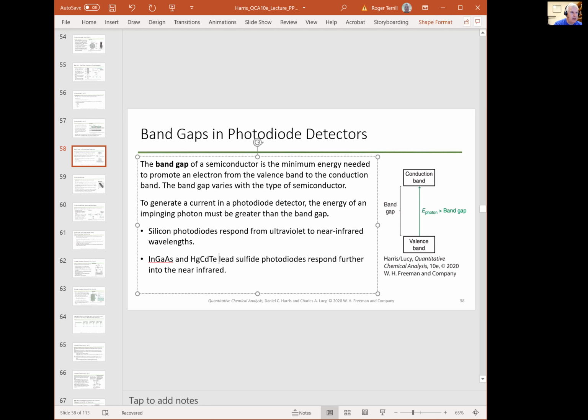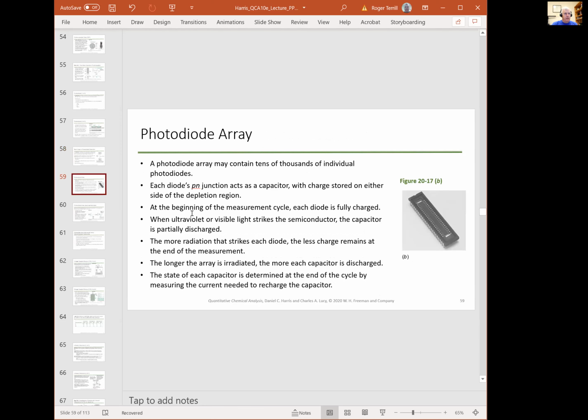And these are in the infrared. Lead sulfide is not a proper semiconductor, though. It's more of a bolometer. I think it just detects energy. Anyway, I'm not sure.